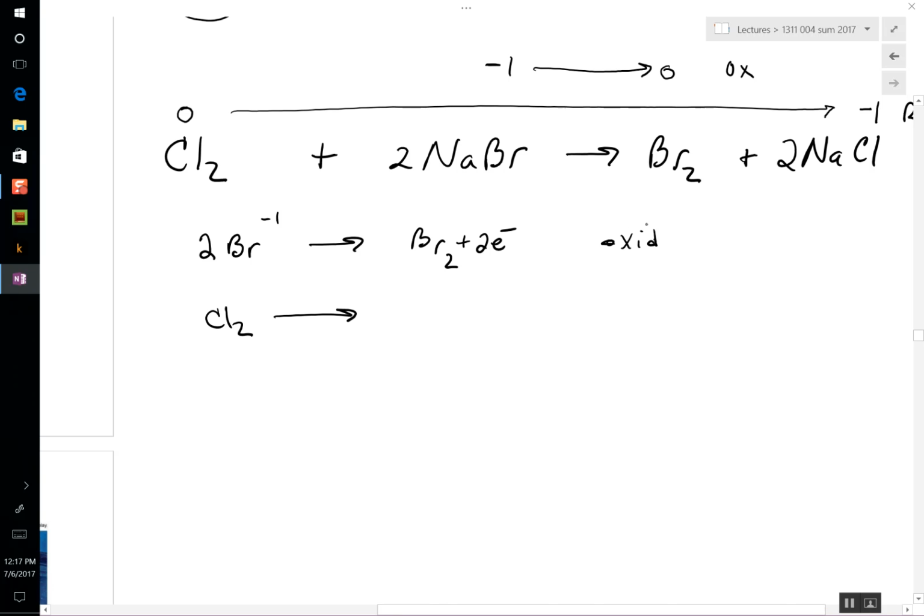Oxidation is the loss of electrons. Chlorine is gaining the electrons. So it starts out with a 0 charge, and each chlorine atom gains an electron and becomes a chloride ion, and it reduces. So that's reduction.